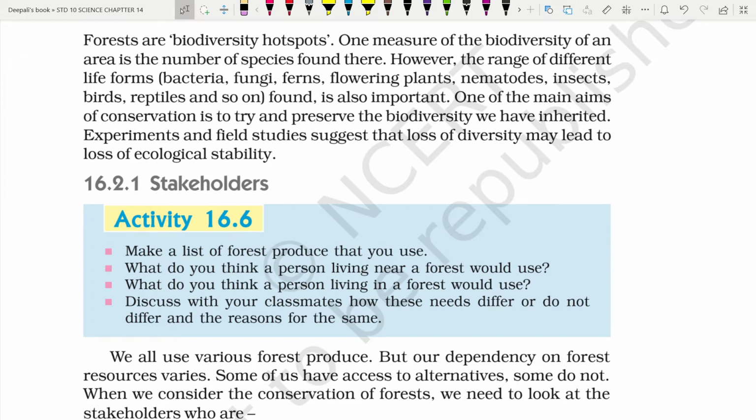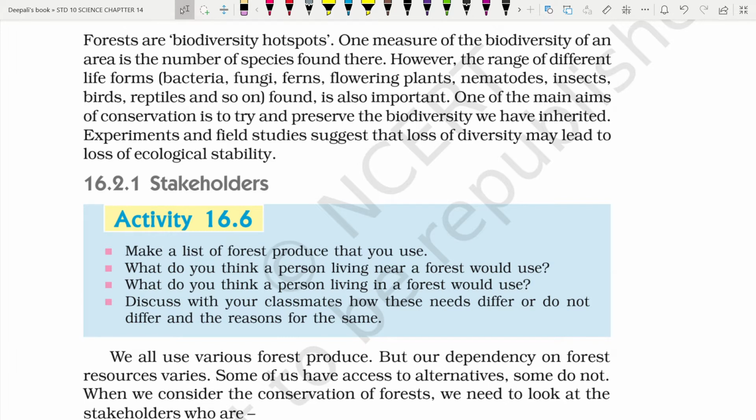It is not only large animals that are important, but all animals, even the smallest bacteria, are important to maintain the food chain and food web. One of the main aims of conservation is to try and preserve the biodiversity we have inherited. There are several examples in this session where many people tried to damage this and tried to destroy the forest for their selfish purpose.